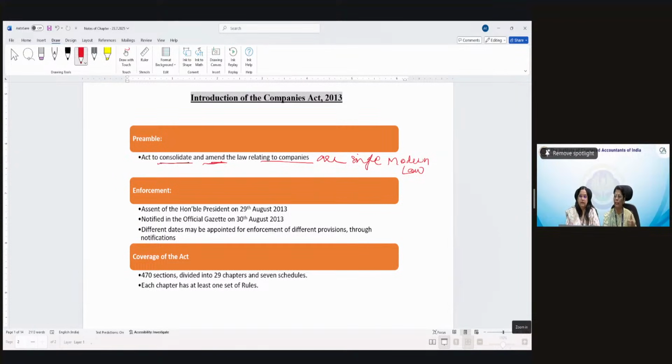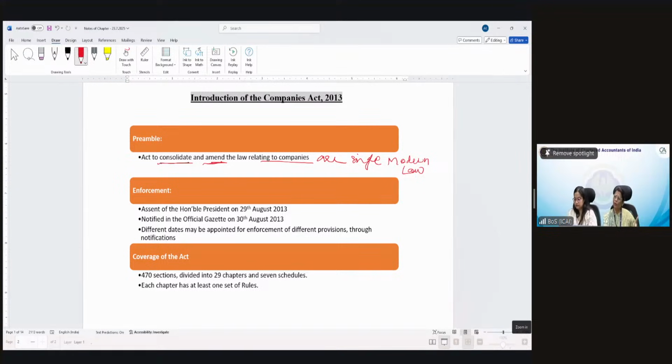Similarly, for regulating securities, it has been specified under the SCRA or the SEBI Act. Similarly, where there is demat with respect to online registration or purchasing of securities, there is the Depositories Act. So you will find there are now separate acts individually focusing on particular aspects.